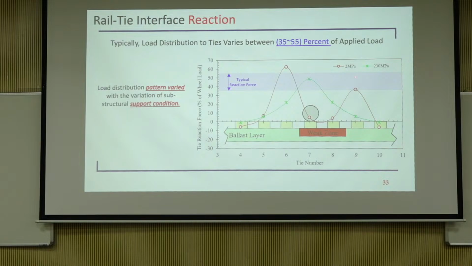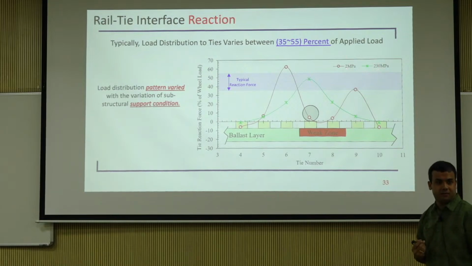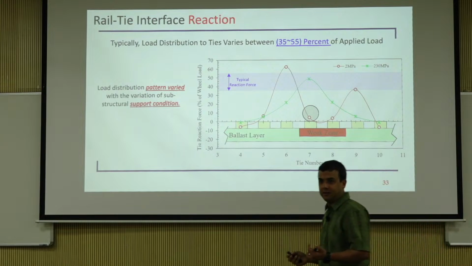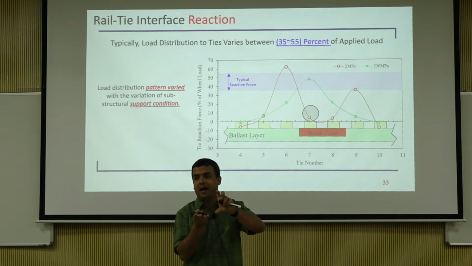By the way, this particular plot is finite element modeling work. Let's say I am artificially reducing the ballast modulus from 230 megapascals to 2 megapascals. So it's almost non-existent. It's simulating this hanging tie condition, where there is no ballast remaining.